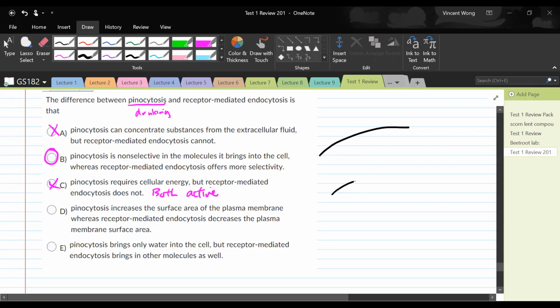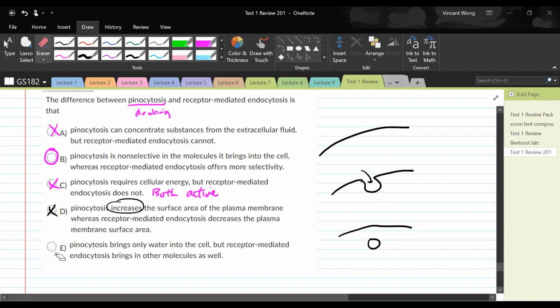For pinocytosis, you're going to bring things in, and then afterwards you form a ball and pinch it off. So this was part of the cell membrane before. So after pinocytosis, you have less cell membrane, so it decreases the surface area. And that's the same case for receptor-mediated endocytosis. So both should be decreased.